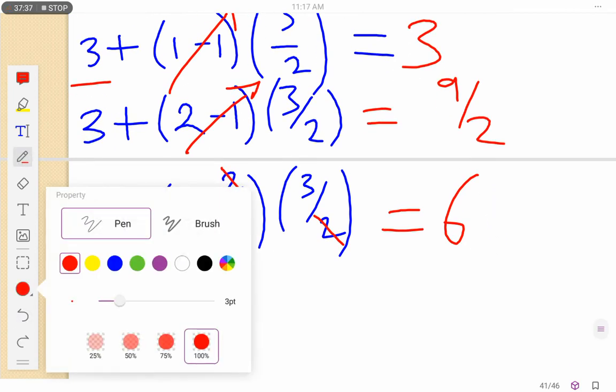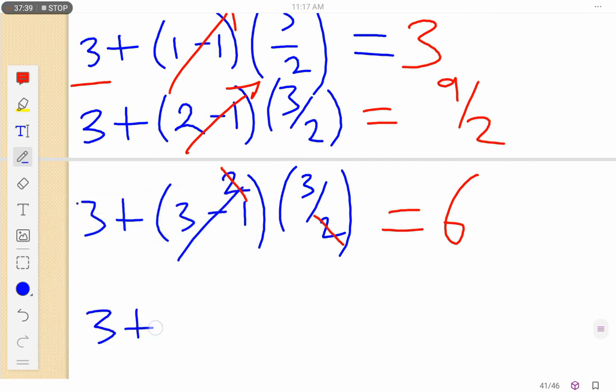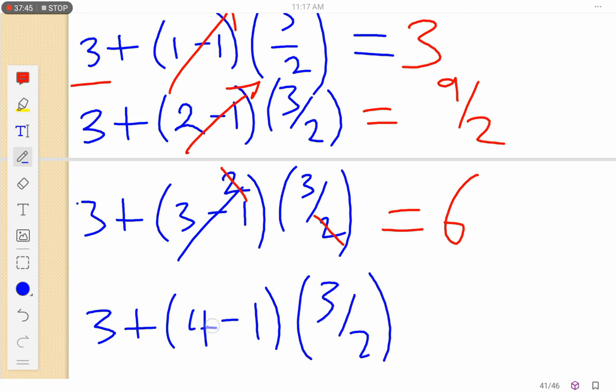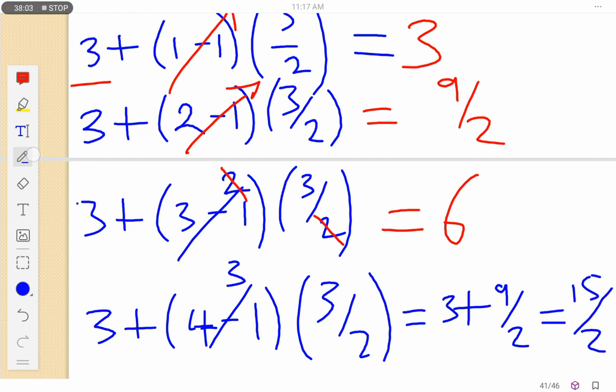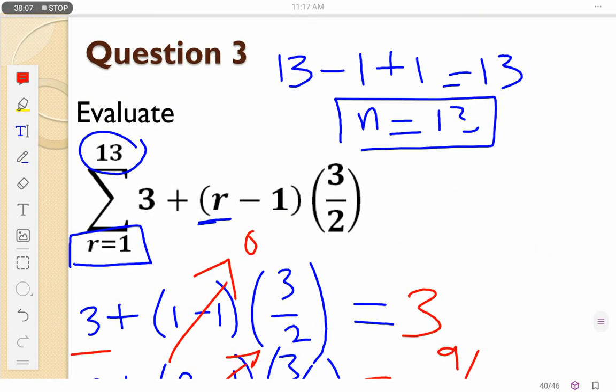I will have a 3 plus a 4 minus 1 and multiplying by 3 over 2 here. Here I'll get a 3. 3 by 3 over 2, I'll have 9 over 2. So at the end of the day, I've got 3 plus 9 over 2. I'll get 15 over 2. So you do the same up until you have the term which is 13 here.